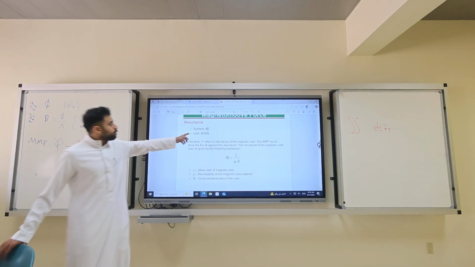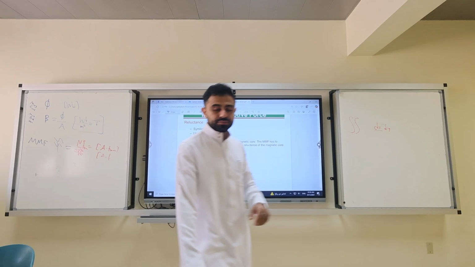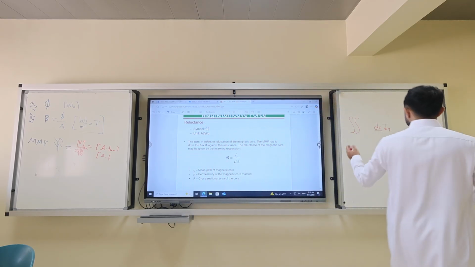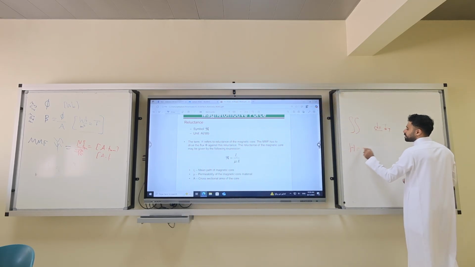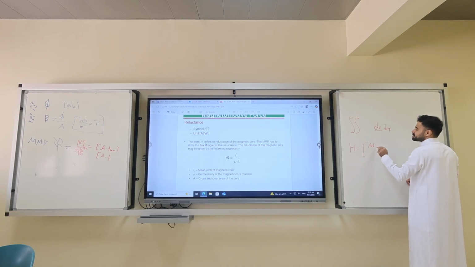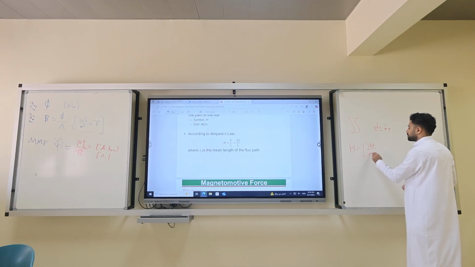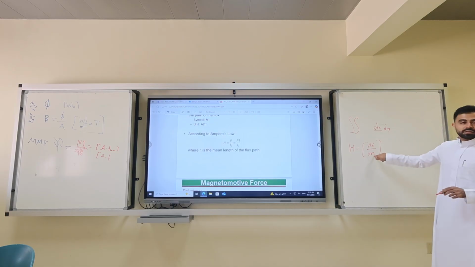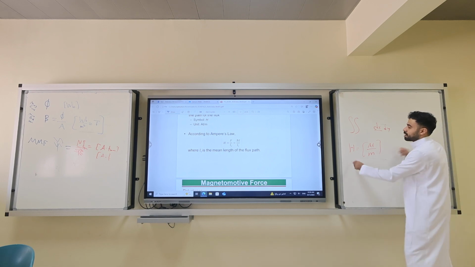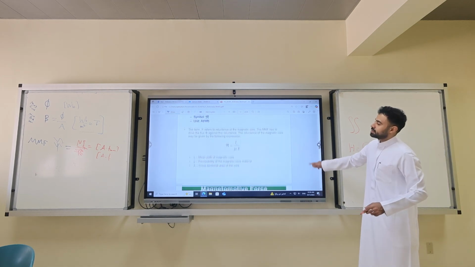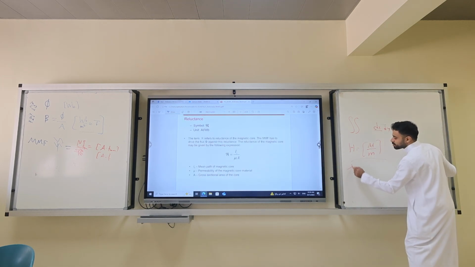Reluctance. The symbol of reluctance is this R. First, what's the unit of H? Amp turns per meter. So it's the MMF per length. What is after that? Reluctance. We draw it this way: R and put lines here.